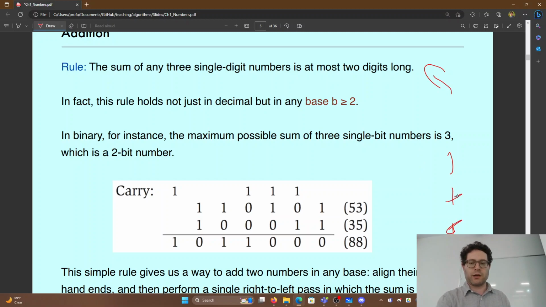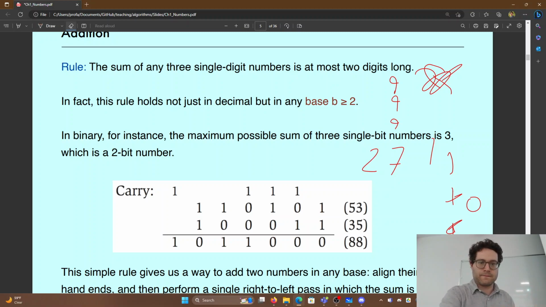So 1 plus 1 is 0, carry the 1. 1 plus 0 is 1, 1, 1. So any 3 single-digit numbers is at most 2 digits long. In base 10, stuffing in the biggest digits I can, 9 plus 9 plus 9 is 27. Again, that's 2 digits long in its respective base.